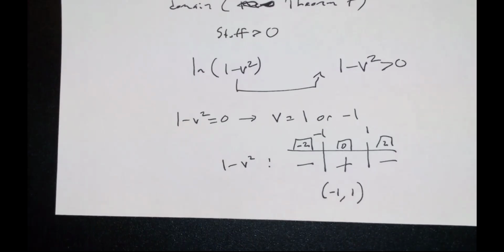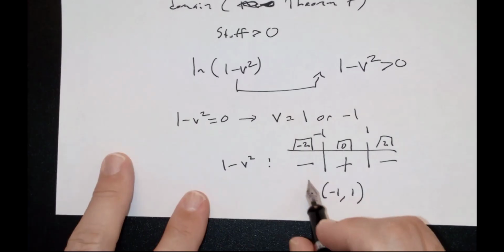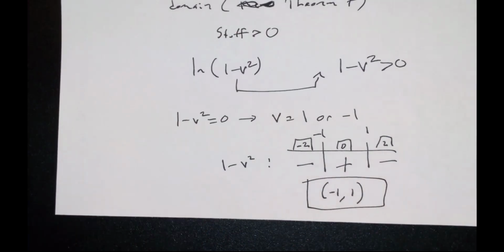Where are they both continuous? Only on this part. So that means that, by theorems 7 and 9 and 4, this is the region where this whole thing is continuous.